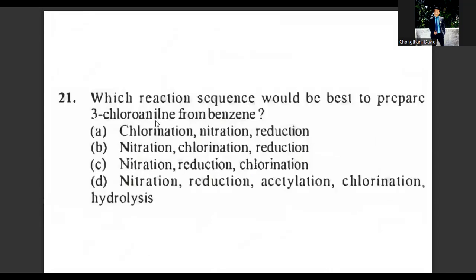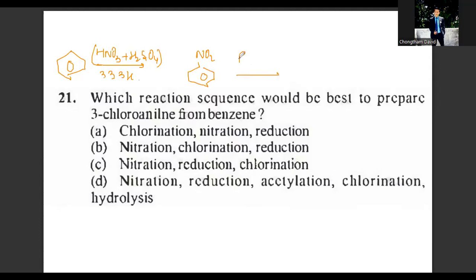Let us read question number 21. Which reaction sequence would be best to prepare 3-chloroaniline from benzene? So the starting material will be benzene. When benzene is treated with nitric acid and sulfuric acid at a temperature of 333 Kelvin, this is the nitrating mixture, so a nitro group is introduced on this benzene ring.